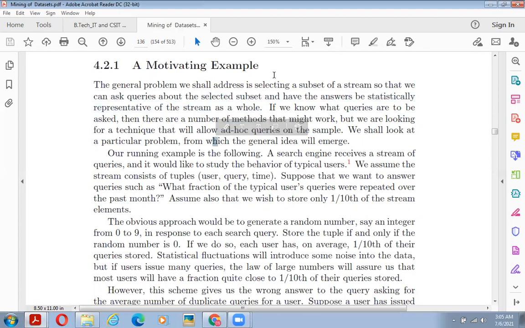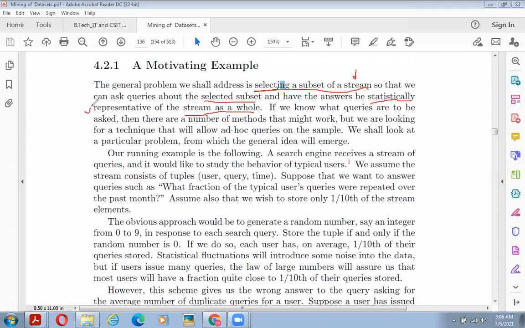Now, we are going to select a subset of this stream, not the whole stream. This is our first condition. We select a subset so that we can ask queries about the selected subset and have the answer be statistically representative of the stream as a whole.